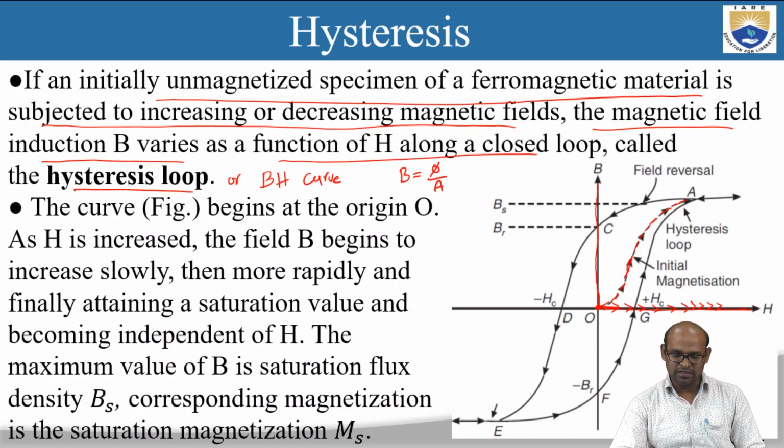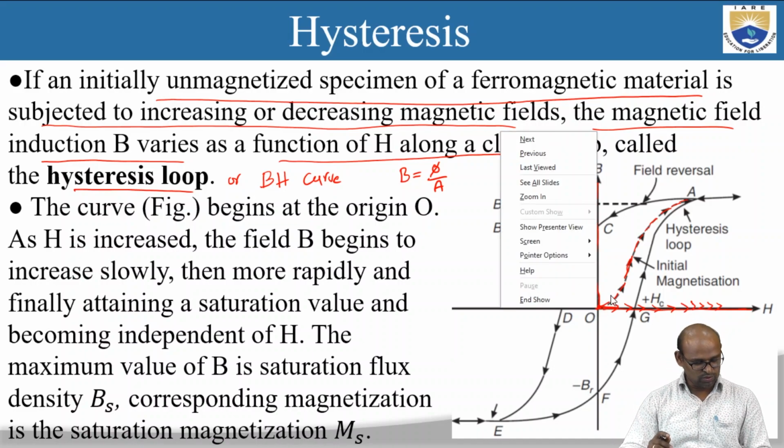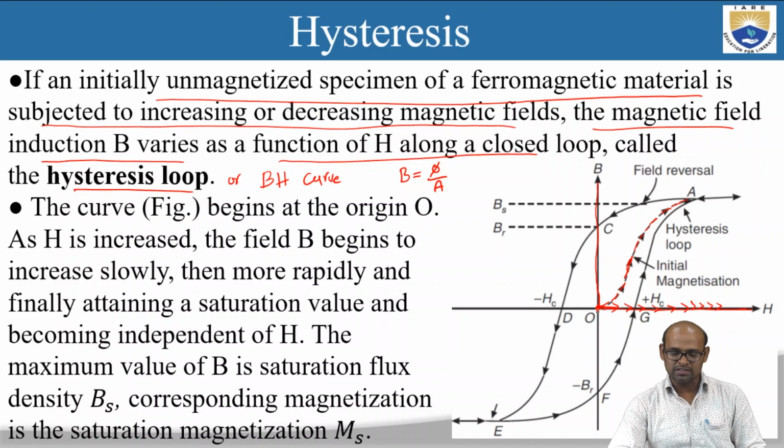Starting from O, where the magnetic field induction is 0, as I started applying the magnetic field in this direction, the induction started increasing slowly in the beginning, and as I increased the field further it increased more rapidly, and then saturated. Around this field, the magnetic field induction became saturated and independent of the magnetic field.